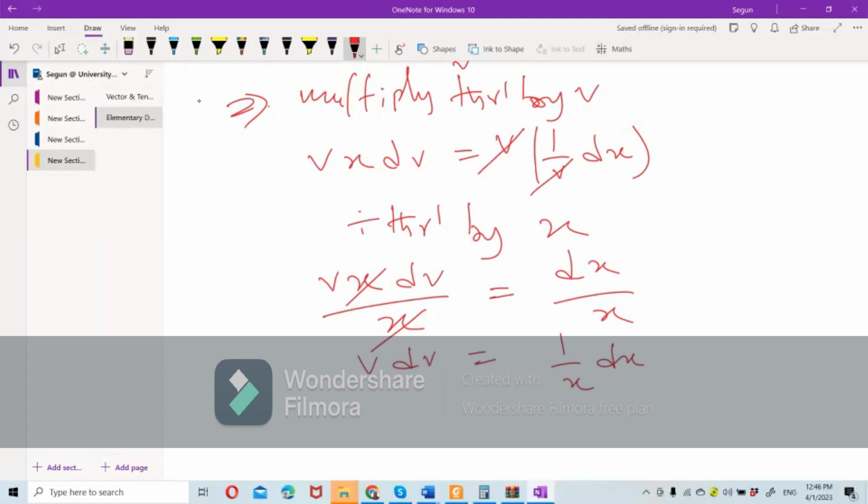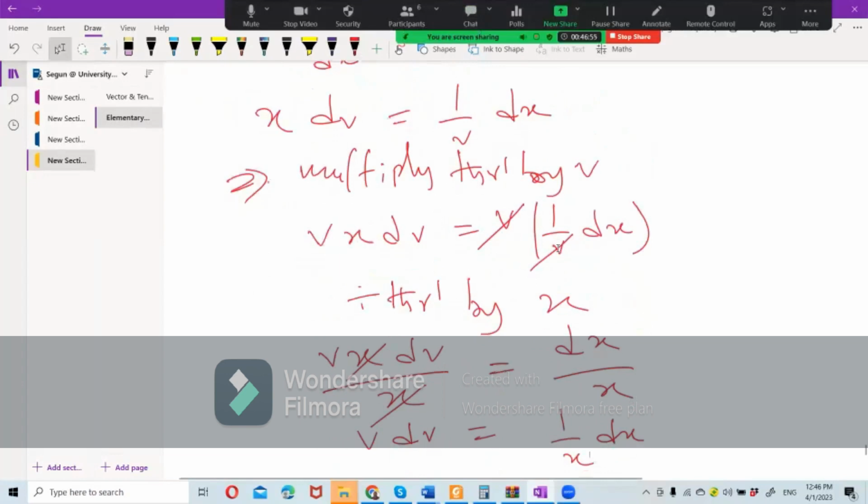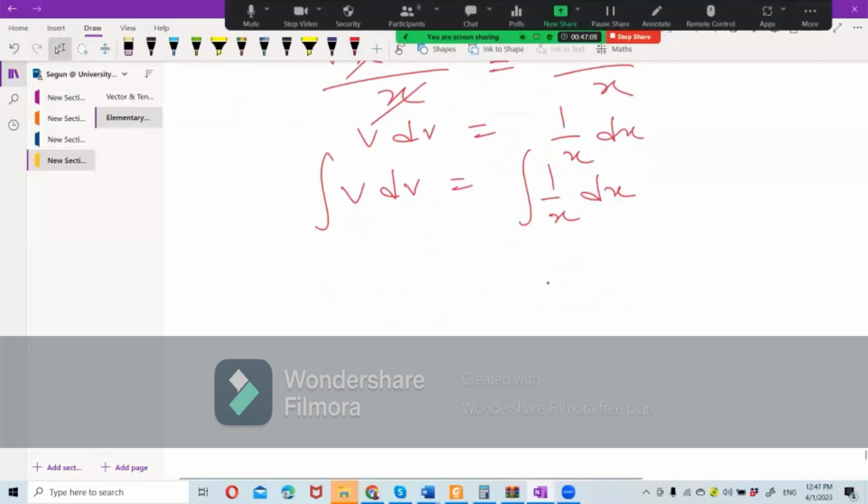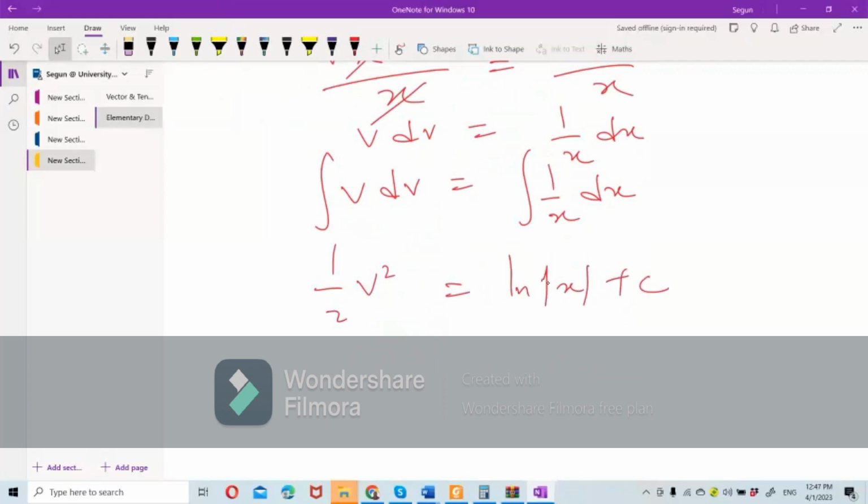Any question? So you go ahead, you can integrate both sides. By integrating both sides, I will have 1/2 v squared equals ln absolute value of x, plus c.